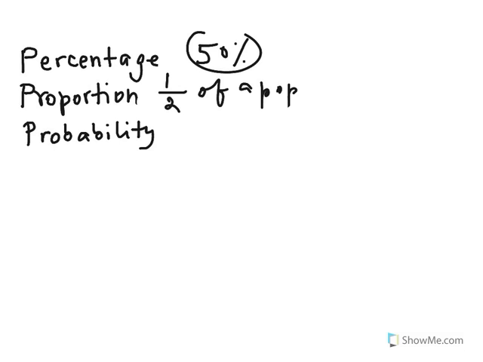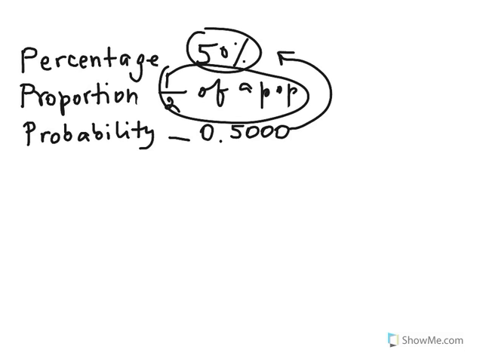Probability, on the other hand, is usually used when we talk about the chance that an item will possess a certain property. This would be a probability written in the form of a decimal with 4 decimals, such as 0.5000, which is the same as saying 50% or 1/2.